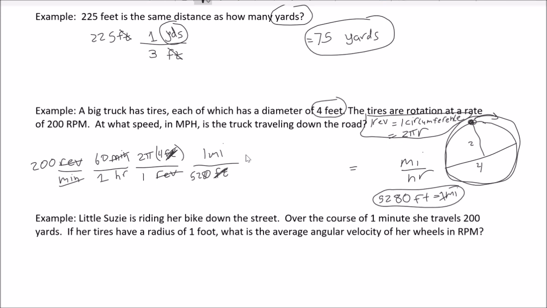And I don't type in times 1 because I already know that doesn't do anything. Okay, so then I'm going to get a number. Then I'm going to consider these numbers in the denominator. Notice, all of these are in the bottom of a fraction, which means they're all division. So divide by 1, that does nothing. Divide by 1, that does nothing. I do need to divide by 5,280. And what do I get when I do that? I get 57.1.